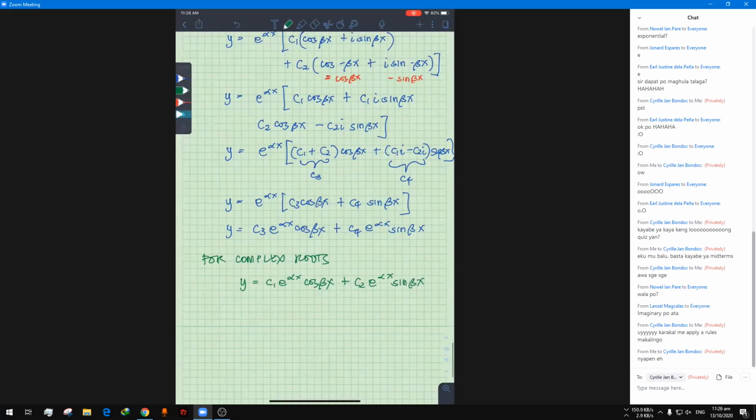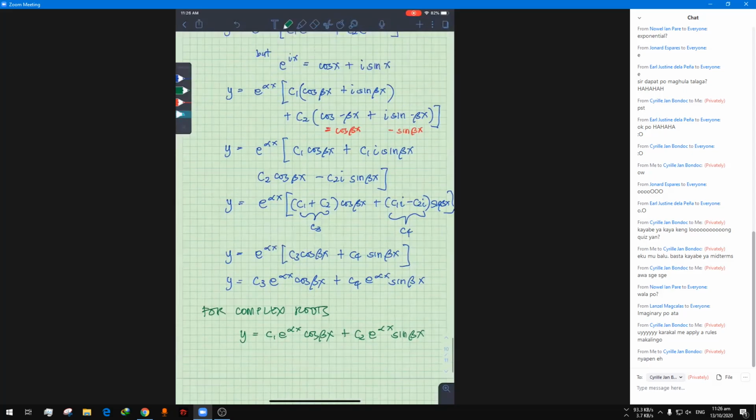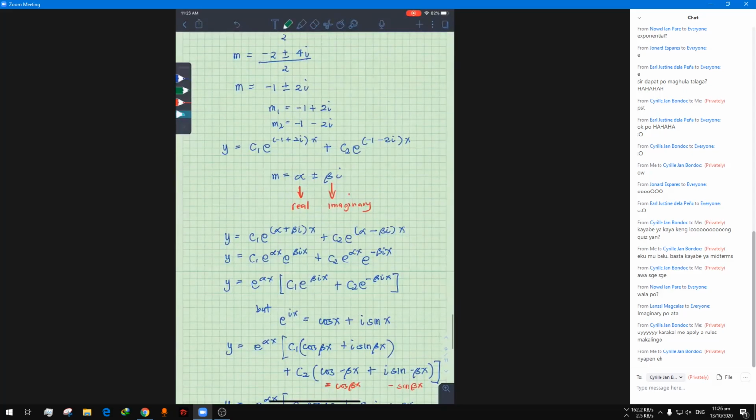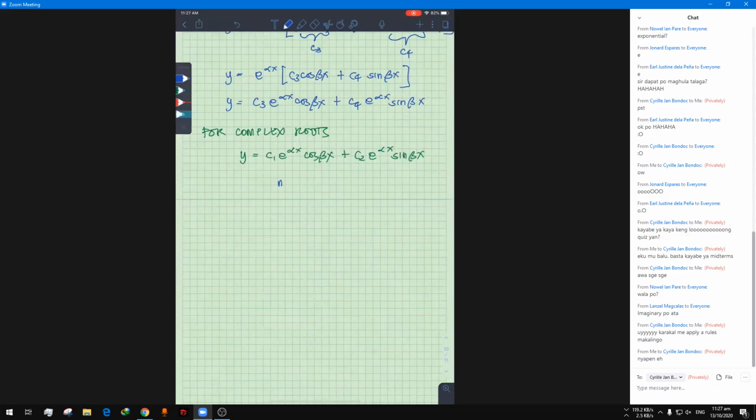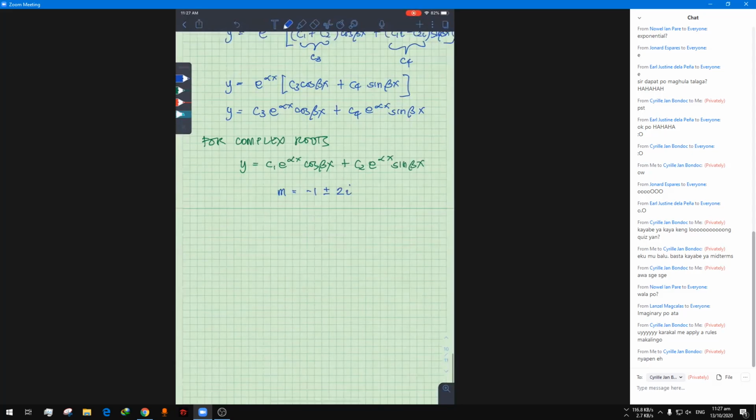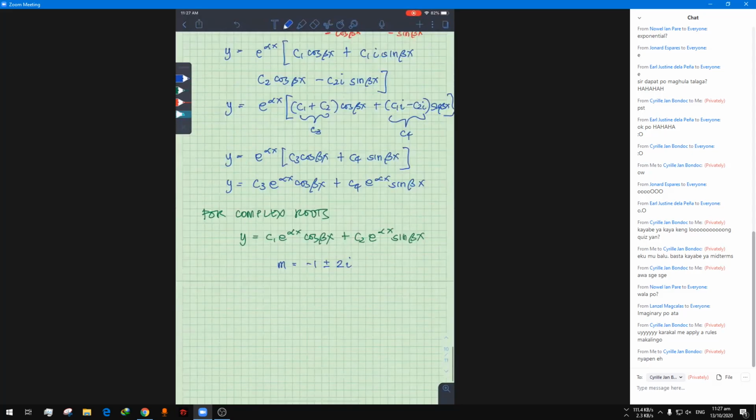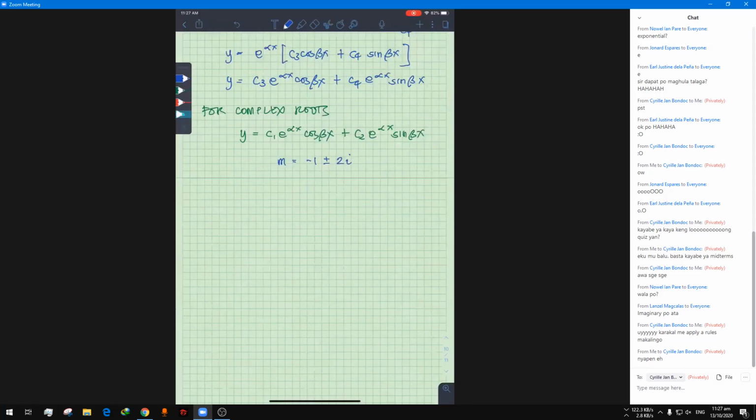So yung kanina, going back, di ba ang solution natin is m is equals to negative 1 plus and minus 2i. Diba? So from here, we can identify that alpha is equals to negative 1 and then ang beta, wag na natin consider yung sign, so which is 2. Okay, so alpha is negative 1, beta is 2.